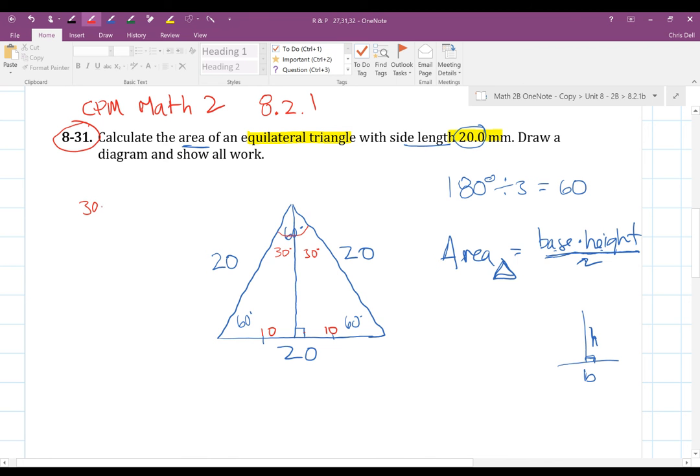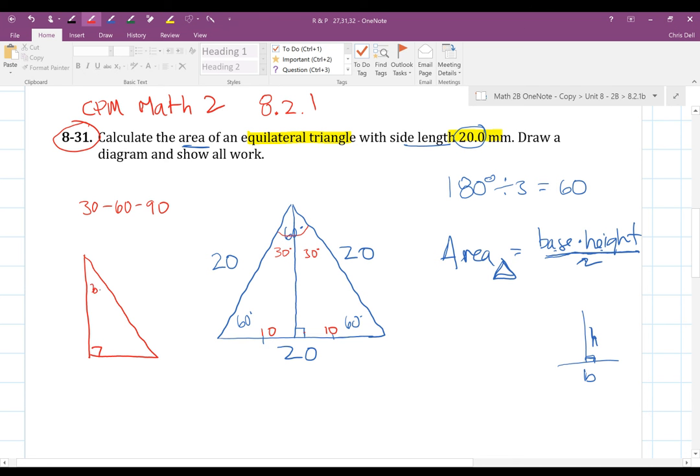So we know when you have a 30-60-90 triangle, there are some special relationships. Let me draw a 30-60-90 so you can see what I'm saying here.